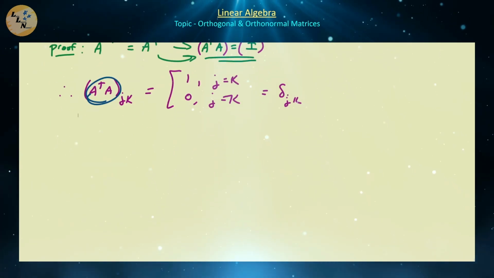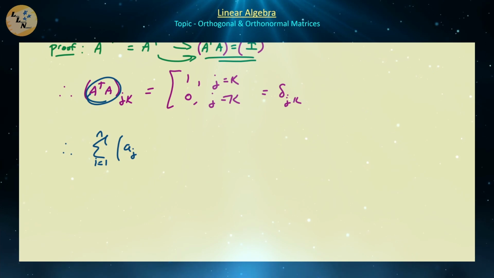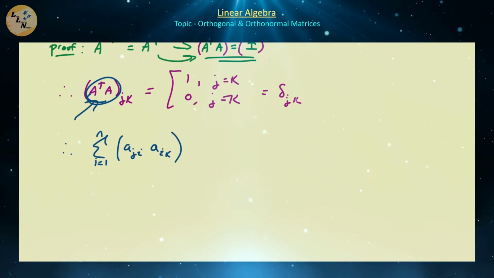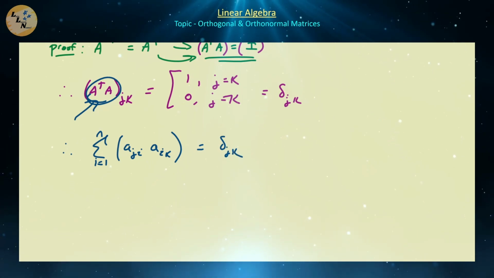That's just going to be equal to the sum from, let's say, i equals 1 to n of A_ji times A_ik. So we're looking at the rows and columns of A multiplied by each other. Again, that's also going to be equal to delta jk.